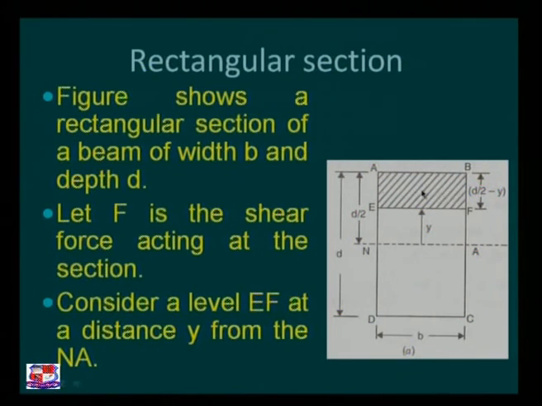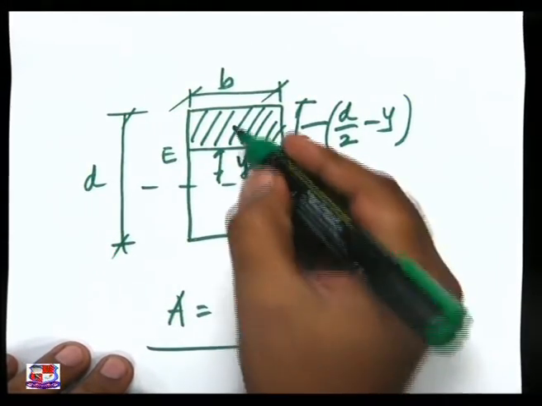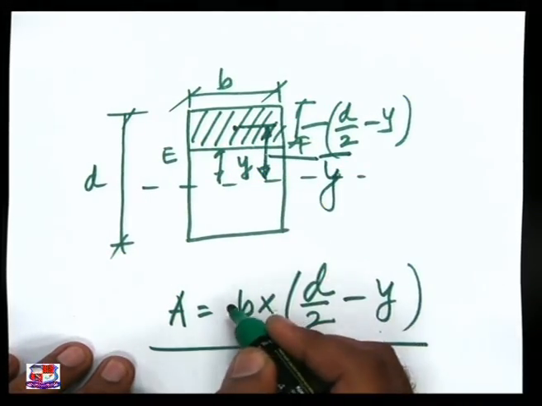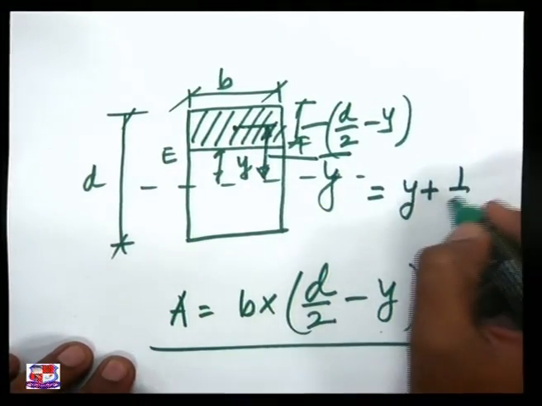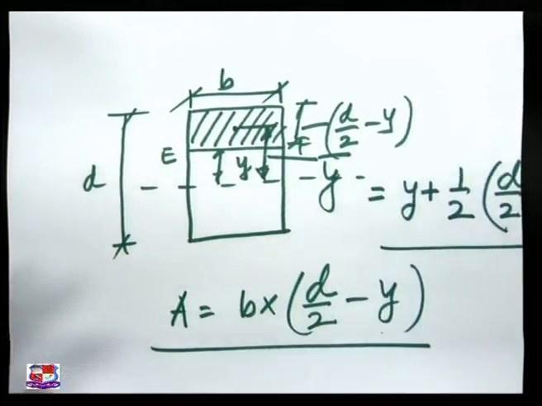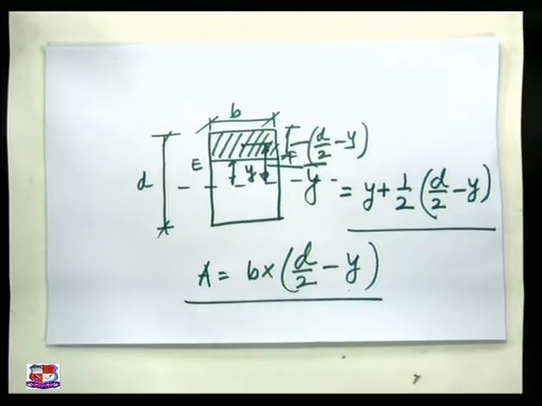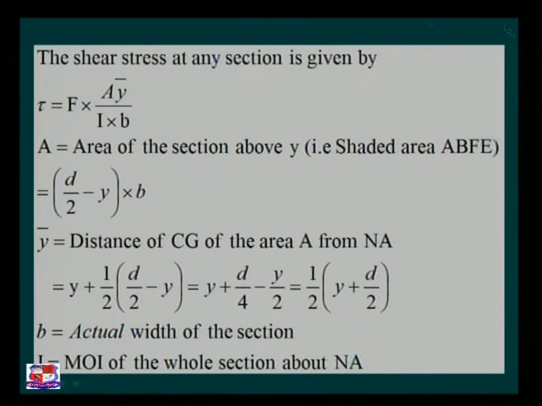If you refer to this tabletop figure, this is the CG and this is the value of y bar, and y bar is equal to y plus half of D minus 2y. The same thing we can visualize on this PPT: y plus half of D minus 2y.